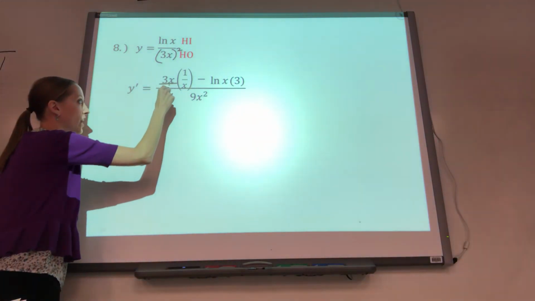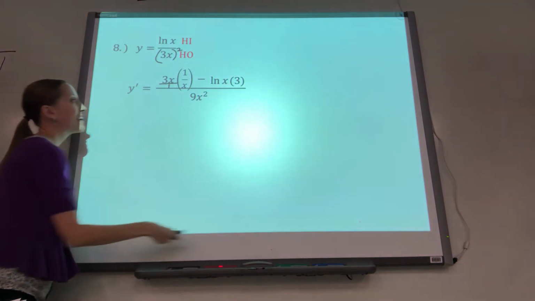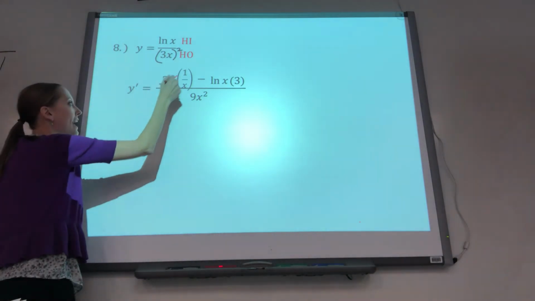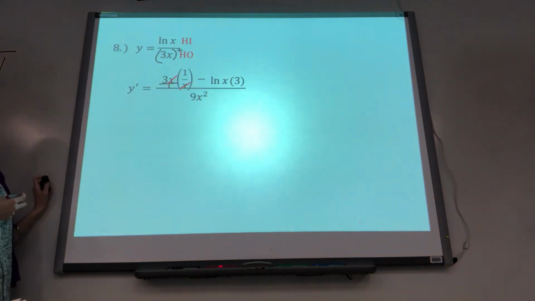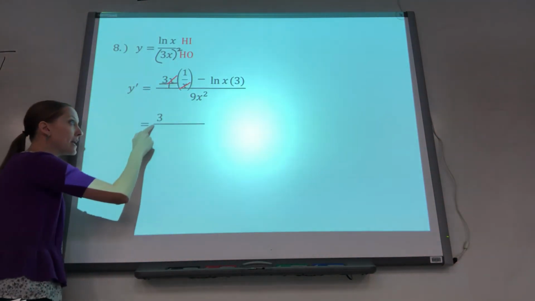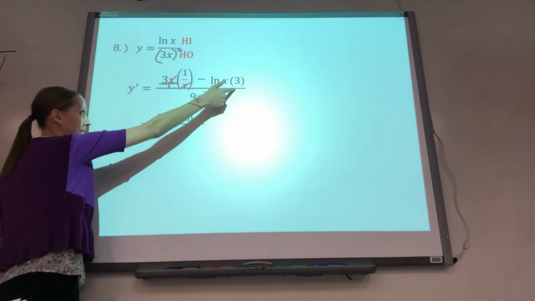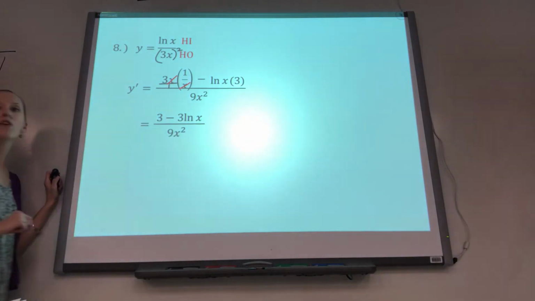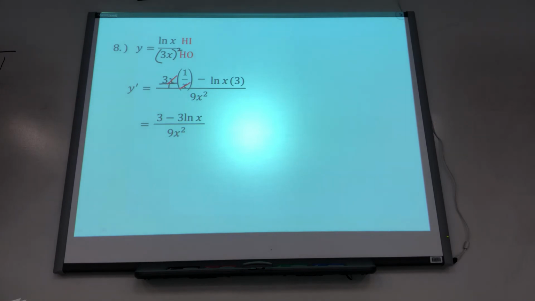Right here, you may want to think of that 3x over 1. So the x's can drop out right there. You end up with just 3 minus, I'm going to pull that 3 out front so I'm not tempted to multiply it by something I shouldn't multiply it by, all over 9x squared.